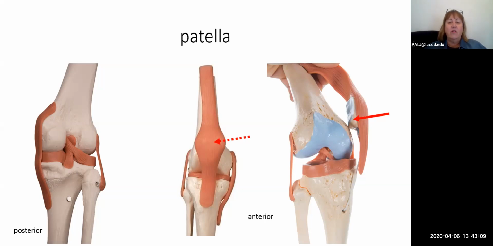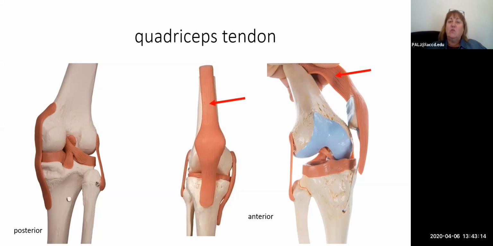So let's learn what all of these brown structures are. The first one, which is only seen anteriorly, is called the quadriceps tendon. If you recall, your quadriceps muscles are on your anterior thigh. This is a group of muscles, and what is unique about them is all of them are going to share one tendon, known as the quadriceps tendon.